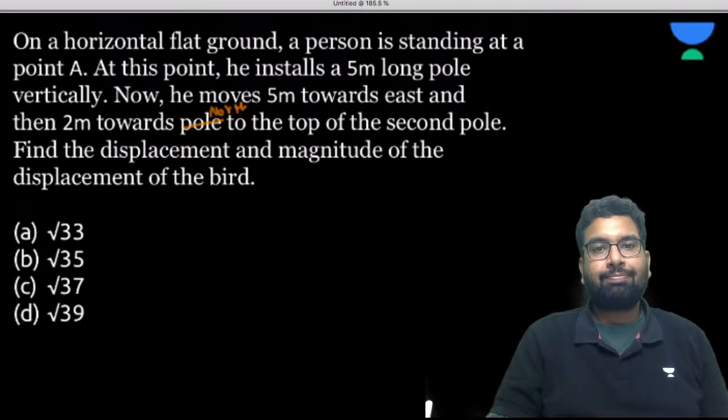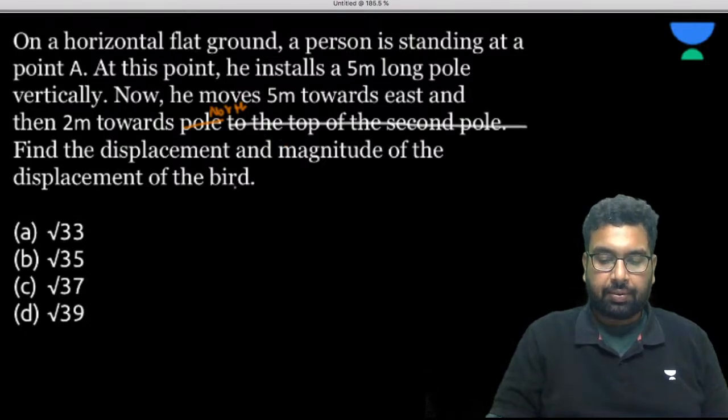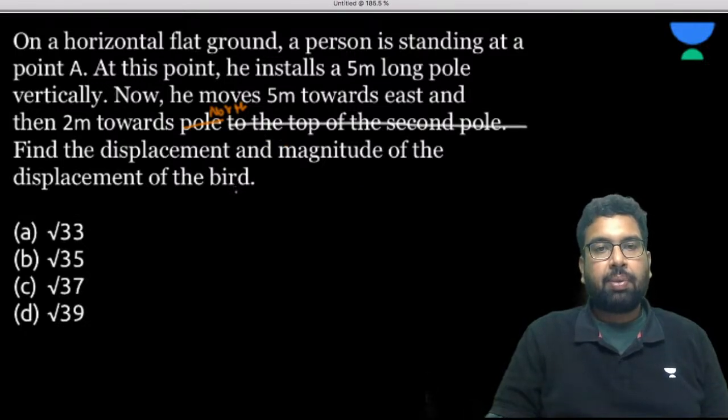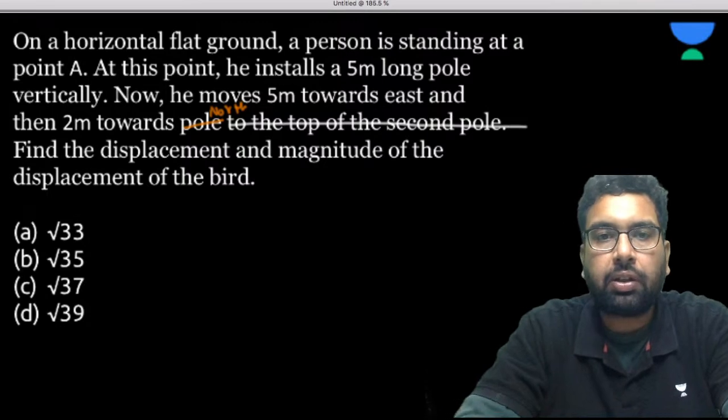Sometimes people who type mess with the question. Now he moves 2 meter towards east and then 2 meters towards north and reaches a point B. I'll just make the correction.